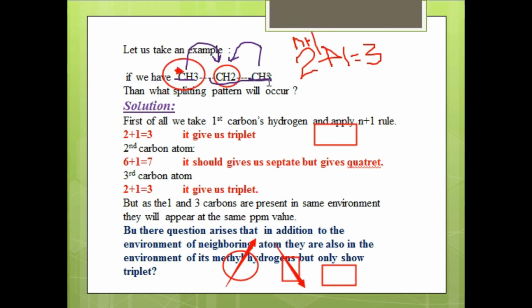If these two are present in the same environment, then obviously this methylene will experience the same magnetic field from both of them and will appear at the same chemical shift value. So this gives us a quartet instead of the septet. Septet or the quartet, these splittings mainly occur due to the presence at different chemical shift values. As we can see, if this is a triplet that covers an area of a singlet, that is due to a methyl group.